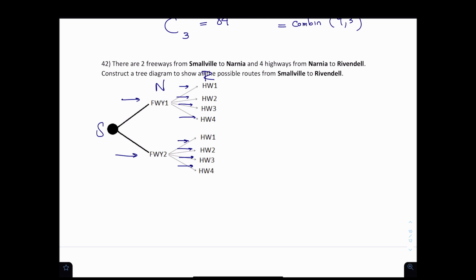So the total number of routes, we could have figured out easily using the MN rule by multiplying 2 times 4. So we know there are 8 outcomes. But to actually list them, you just have to follow the branches.